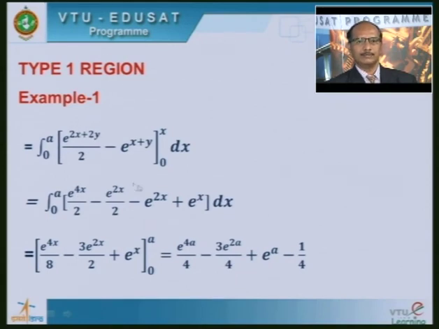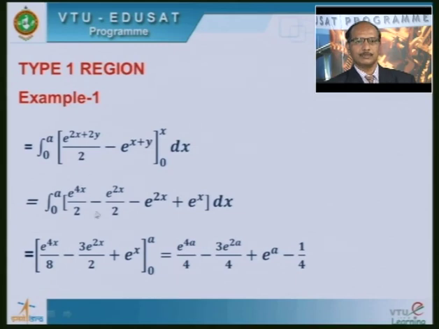Minus, consider e raised to x plus y, putting the limits 0 and x. First you substitute y is equal to x here. So, x plus x, e raised to 2x here. So, minus lower limit. So, I have written simplified here minus minus plus, put y equal to 0, e raised to x, it is e raised to x. Now, before integration with respect to x, we simplify first.